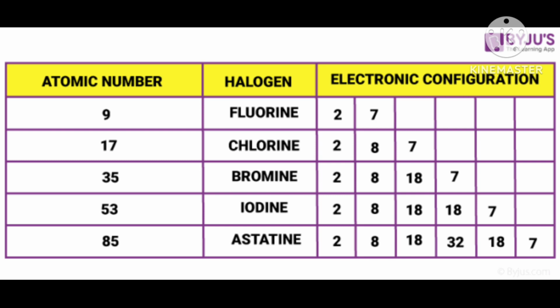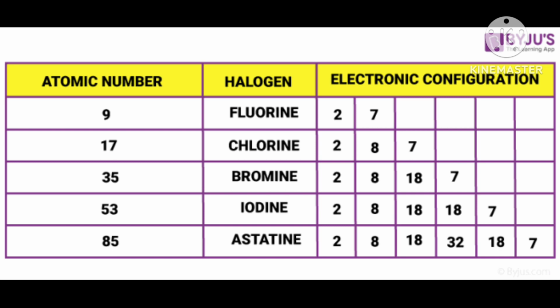For fluorine, helium is completed, meaning 2 electrons are filled. Then 2s2 2p5. In the last shell there are 7 electrons in total. The configuration is [He] 2s2 2p5.